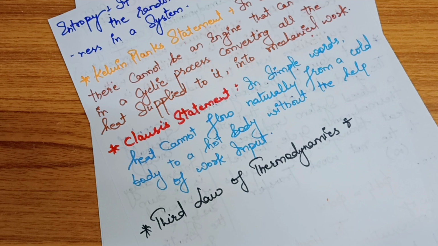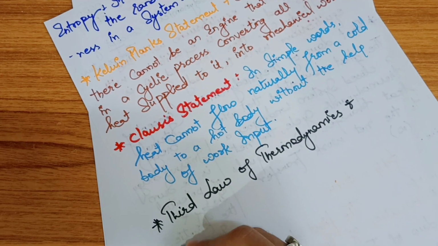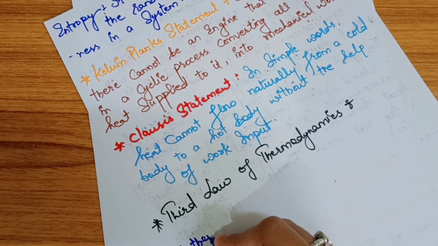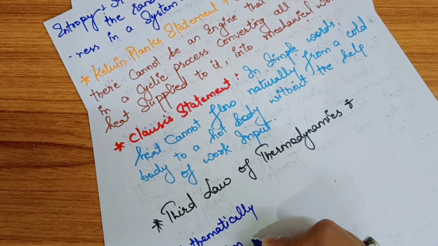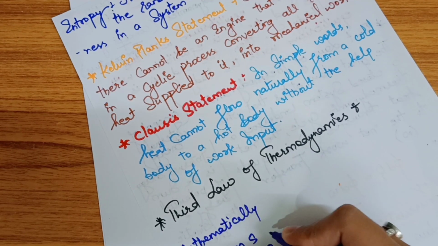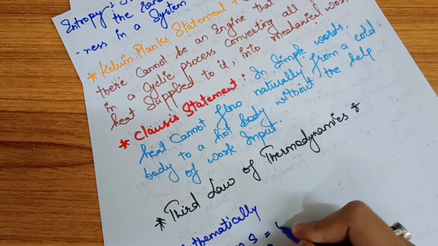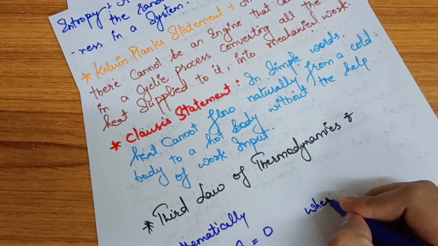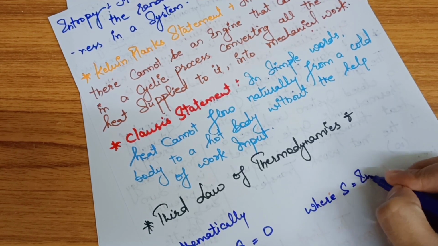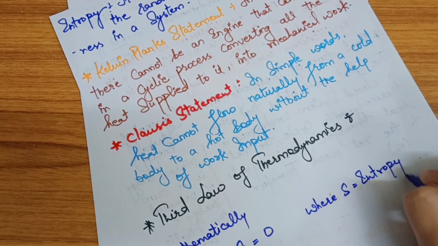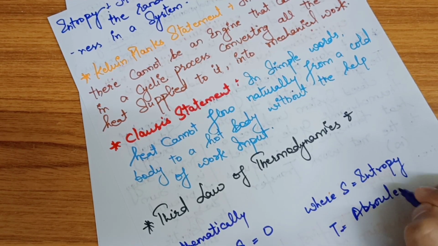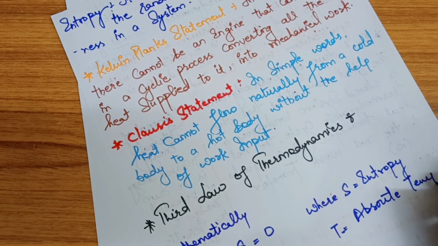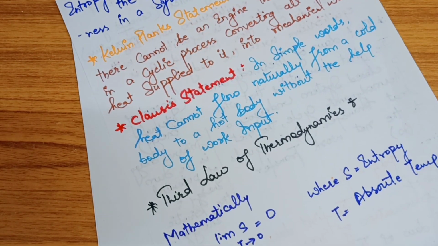Mathematically, the limit as T approaches 0 of S is equal to 0, where S is the entropy and T is the absolute temperature. So this is the third law of thermodynamics.